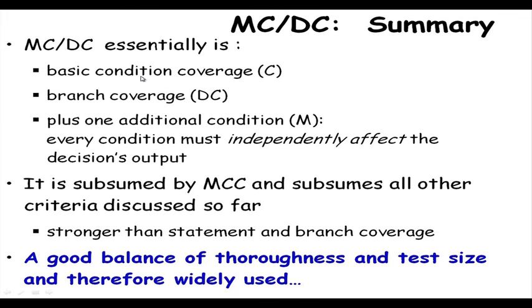Each basic condition should achieve true and false values, the branch coverage should be achieved, and the third condition is that every condition must independently affect the decision's output. And as we have already been saying, it provides a good balance of the thoroughness of testing and the test size, and therefore, it is widely used and is mandated by many testing standards.